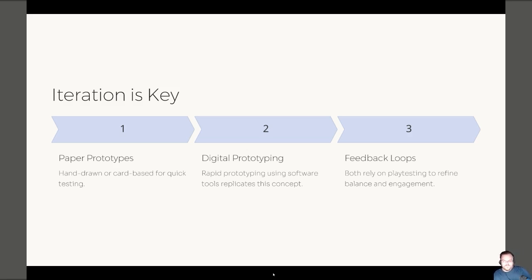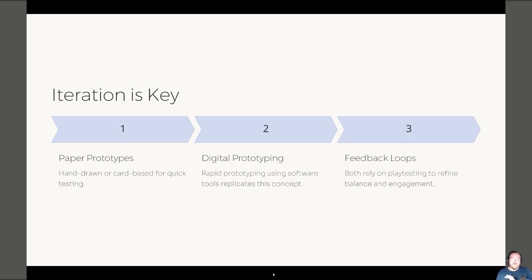Finally, we talked about feedback loops, talked about play testing. These are the same things that we've talked about before with play testing in paper design. We also do it in digital. If you've ever participated in an alpha or a beta for a video game, that's iterative design.